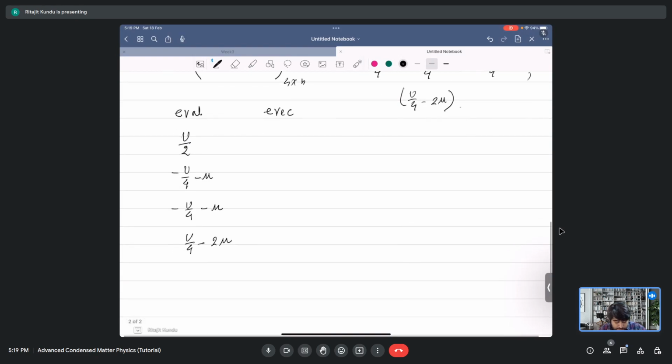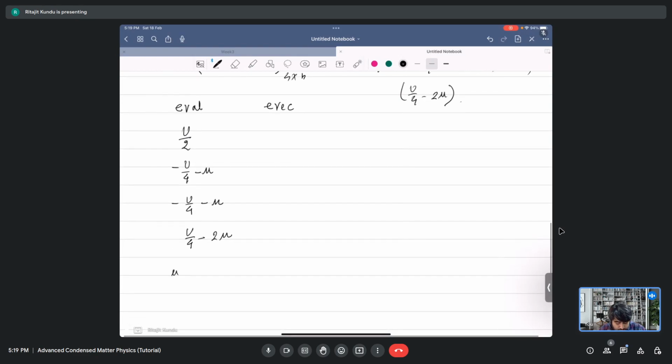Now you can see from this that if mu is 0, you get only plus minus U by 4. So in that sense it is actually particle hole symmetric. The eigenvectors are given by: this is the vacuum, this is up spin, this is down spin, and this is the double occupancy.